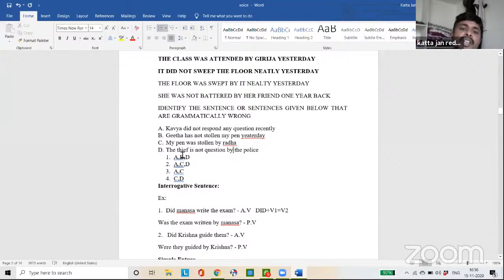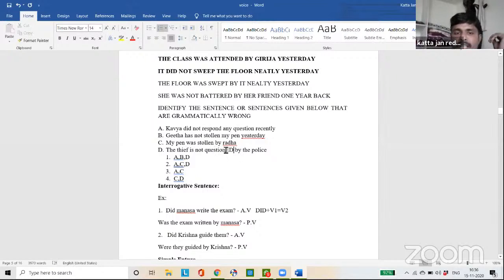Now, the thief is not questioned by the police. It is wrong. Why is it wrong? Because there should be V3, questioned. It is passivized, and by is there, so the subject and be form are there, but only V1 is given.